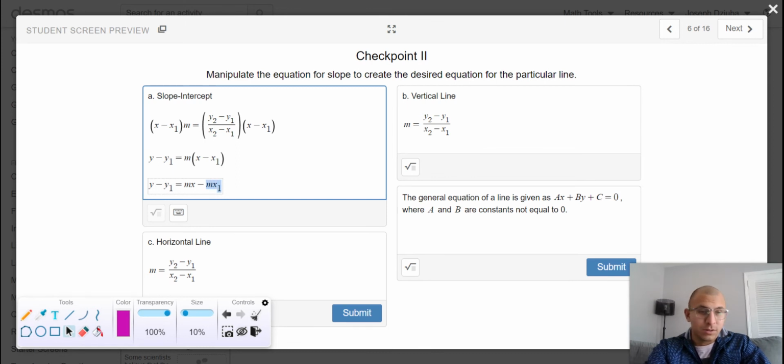Now this value here is a defined number. Therefore, it is an actual numerical value. And if we add y sub 1 to both sides of my equation, we would be able to combine these two values. On the left side of the equation would be simply a y.